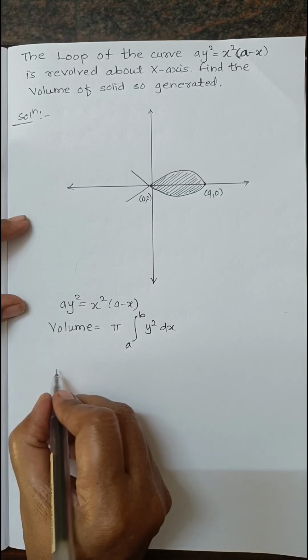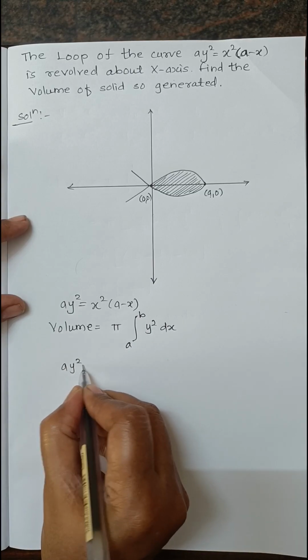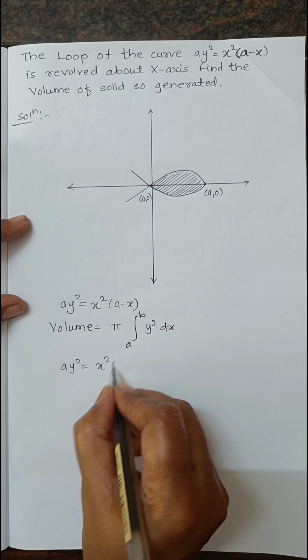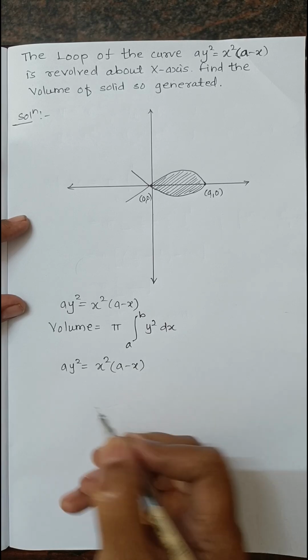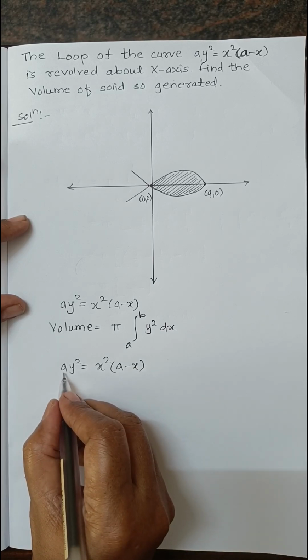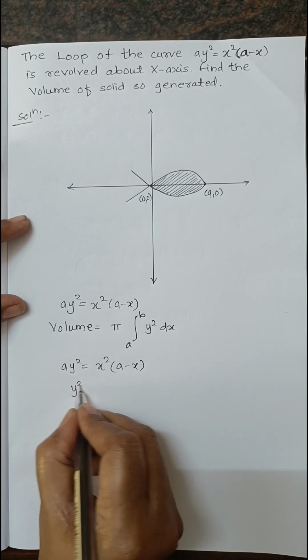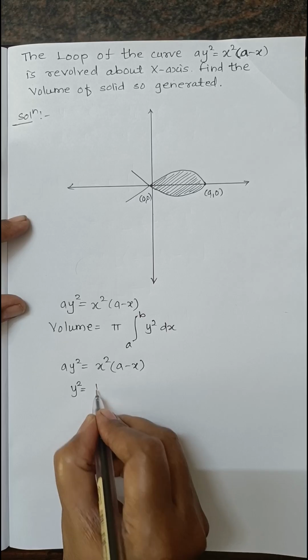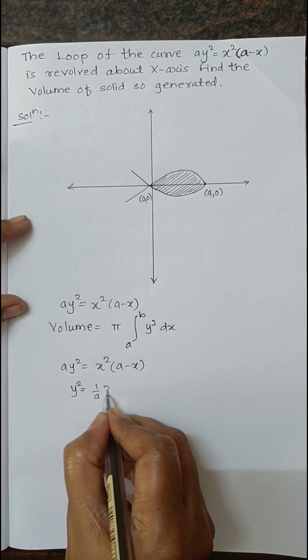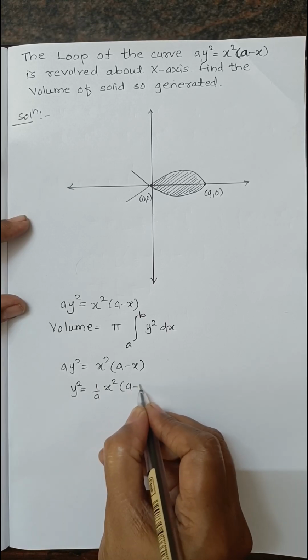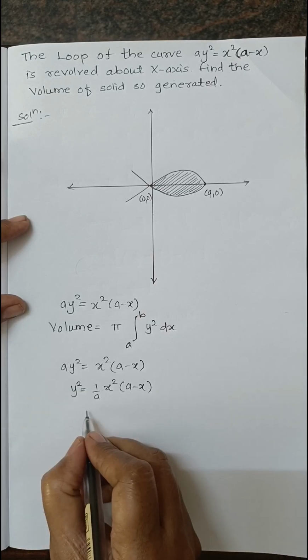Now we have to express the equation of the curve in the form y square is equal to a function of x. Now a y square is equal to x square into (a minus x). If we take this a to the other side, y square will be 1 upon a times x square into (a minus x).